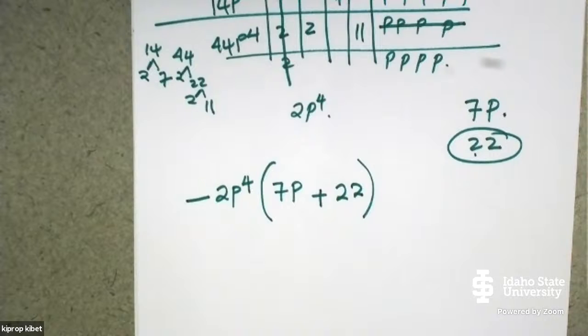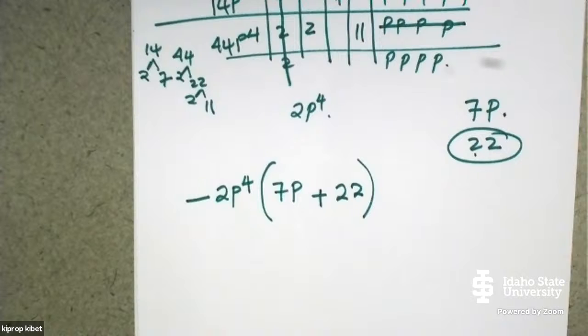What is the greatest number that when you multiply it, you get 44p raised to 4 or less? It is 22, right?